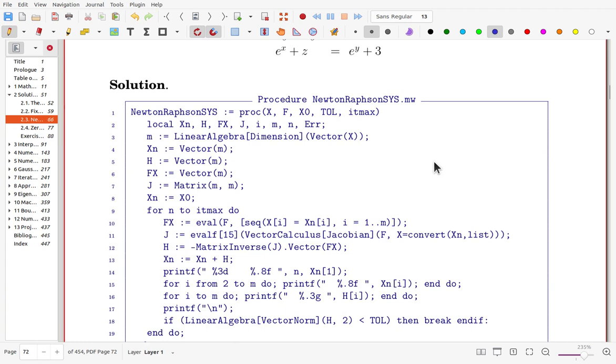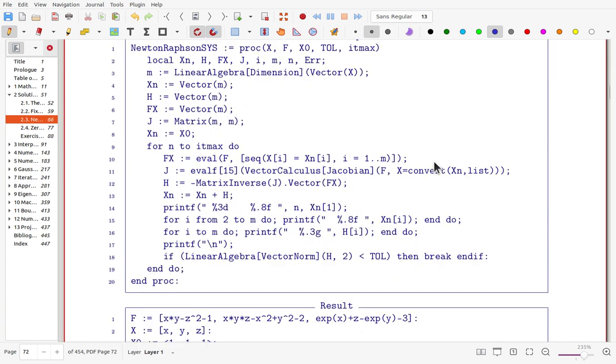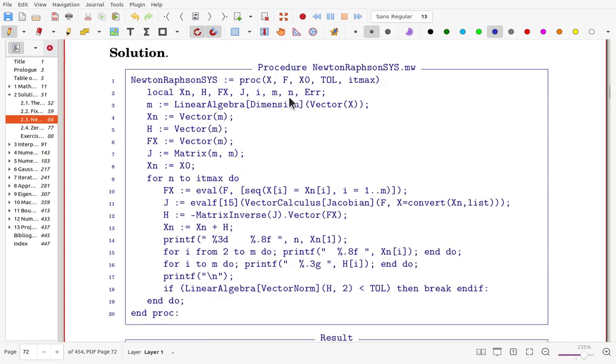Okay, this is an implementation. Look at here. The main steps are, first, evaluate the function at the current value. Now x is an array.